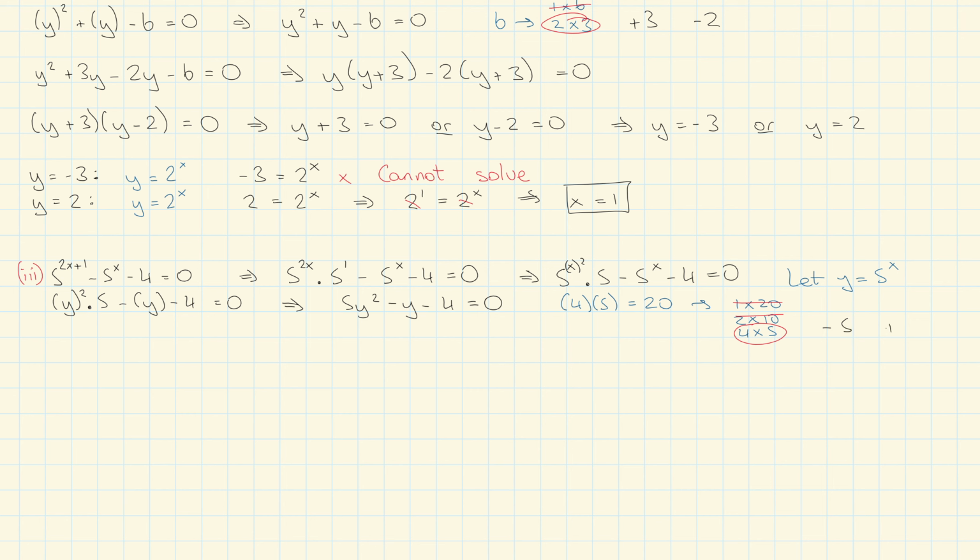So it'll be minus 5 plus 4. So that's 5y squared minus 5y plus 4y minus 4 equals 0. So we get 5y times y minus 1, plus 4 times y minus 1. Separate your brackets.